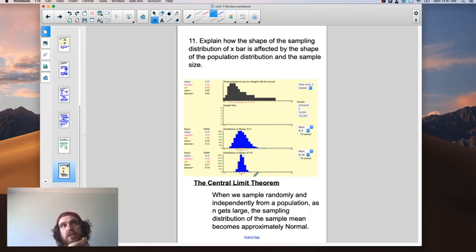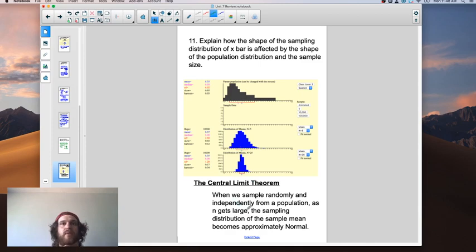And so what the central limit theorem says is that when we sample randomly and independently from a population as n gets large, the sampling distribution of the sample mean becomes approximately normal. So the larger n gets, the closer this distribution becomes to a normal distribution, and the smaller the standard deviation of our sample means becomes. Okay?